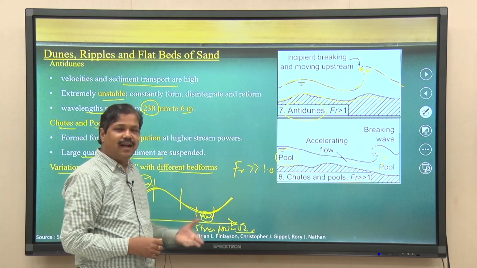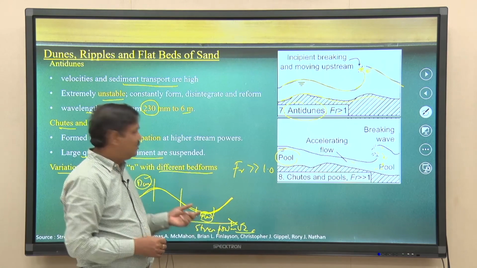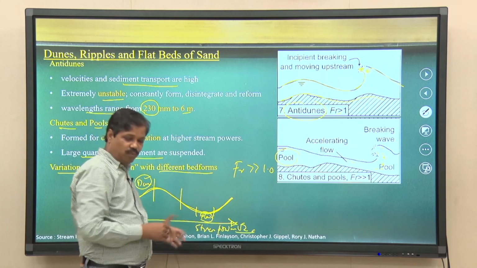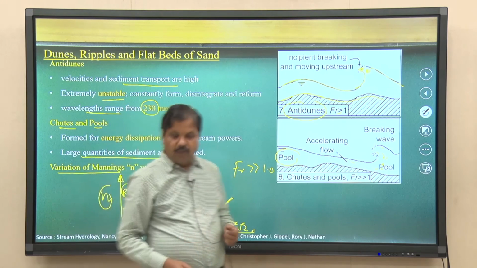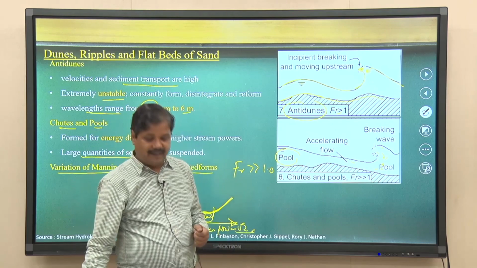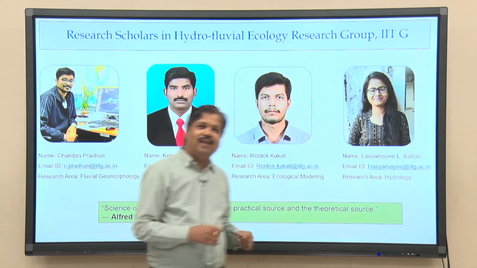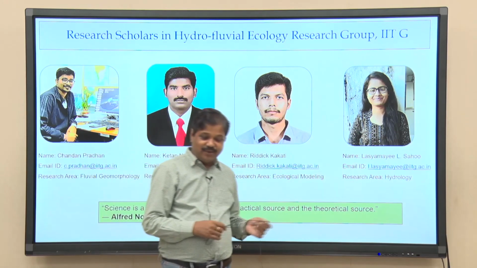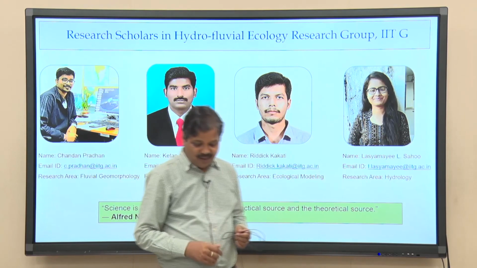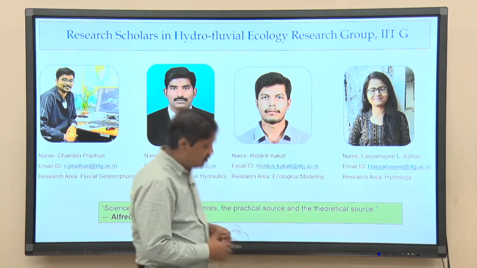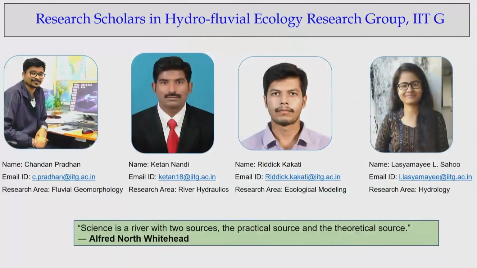The velocity and the flow depth are related to n values, so n value variations are indicated by that. With this, let me conclude these lectures with a quotation from Alfred North Whitehead: science is a river with two sources, the practical source and the theoretical source.